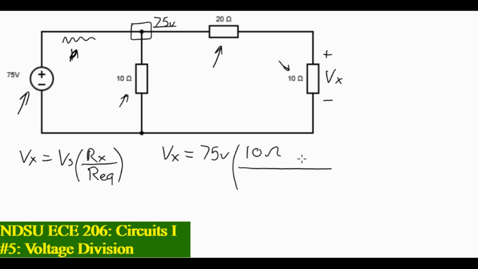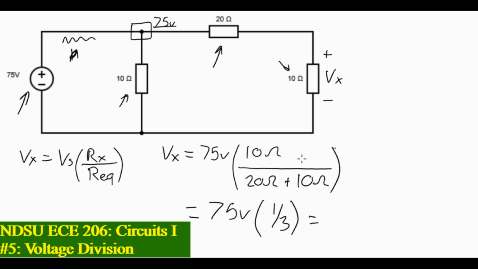This circuit sees 20 ohms plus 10 ohms, 20 ohms in parallel with 10. It's going to give us 75 times 1/3. It's going to give us 25 volts. There is 25 volts across V1.